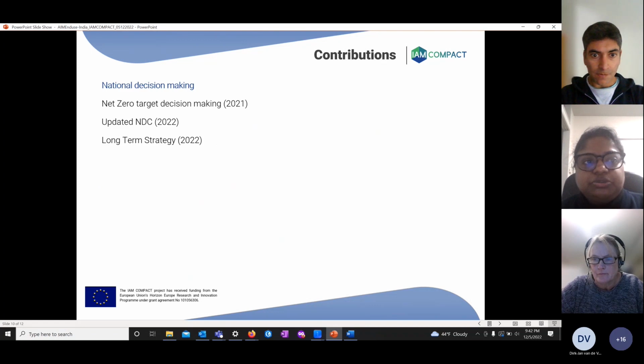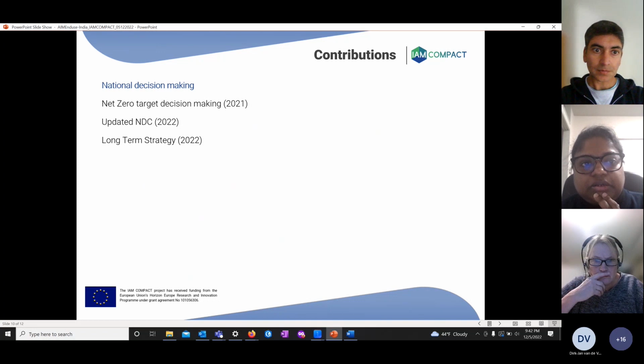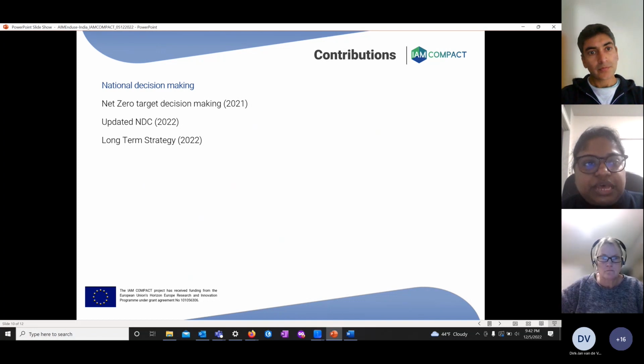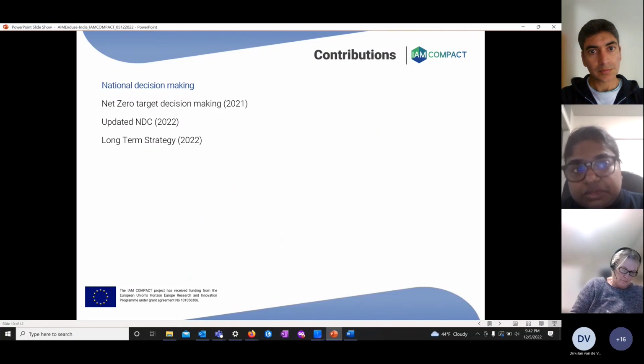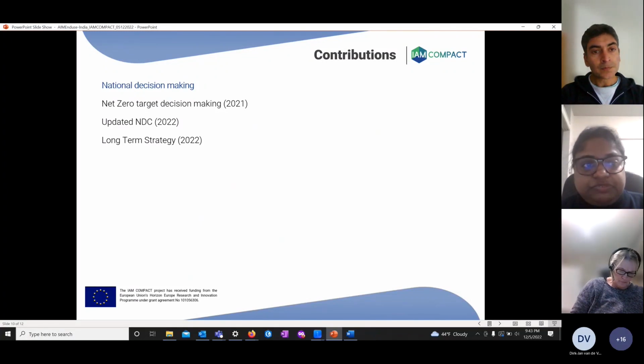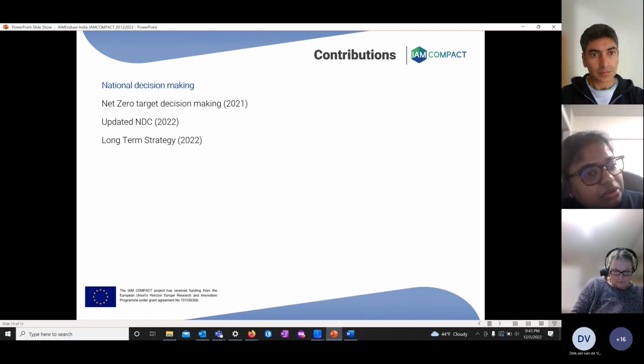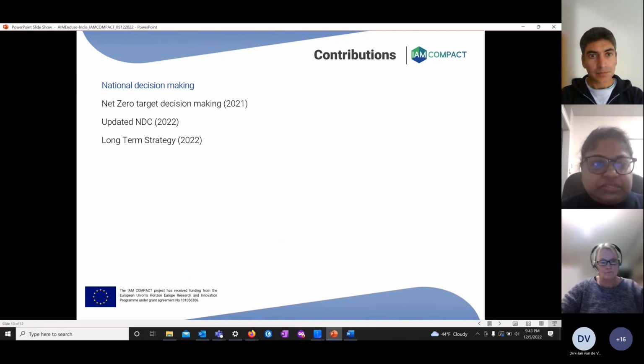When it comes to contribution at national level decision making, our scenarios and publications have been used for the net zero target decision making last year, for the updated NDC, which was approved by the cabinet this year around August, and the long-term strategy, which was basically announced at COP27 this year.